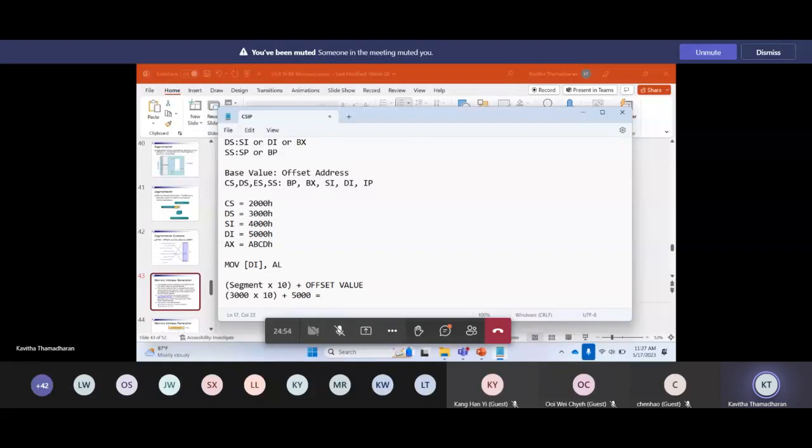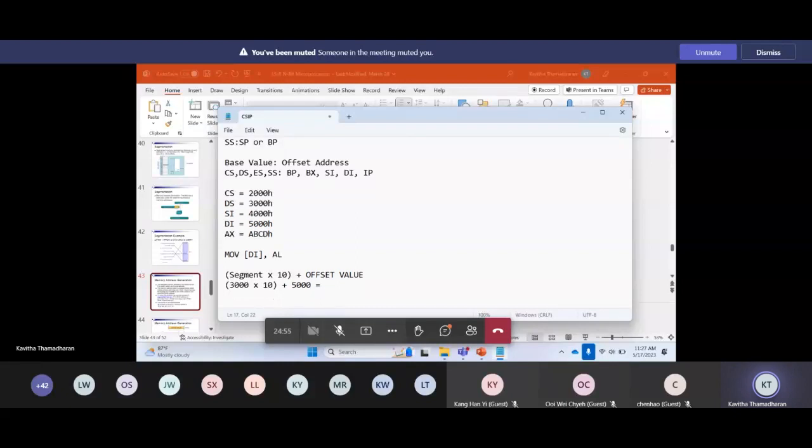So what is my total here right now? Anyone can give me 3000 times 10? 35,000. Actually, 3000 times 10 is 30,000, plus your 5,000.